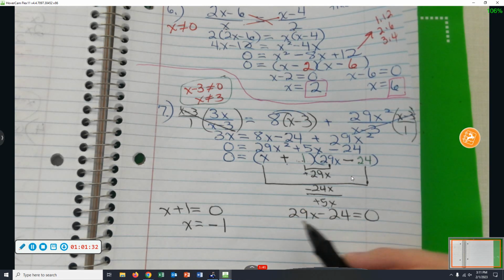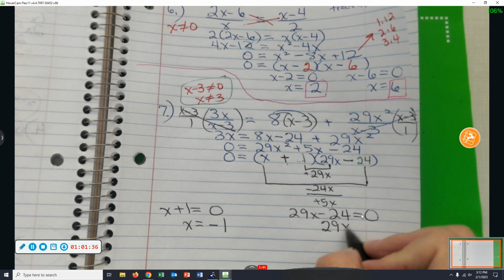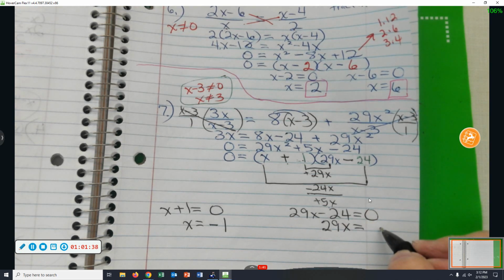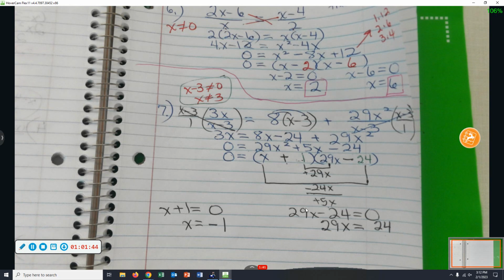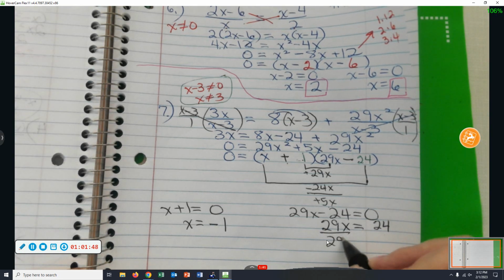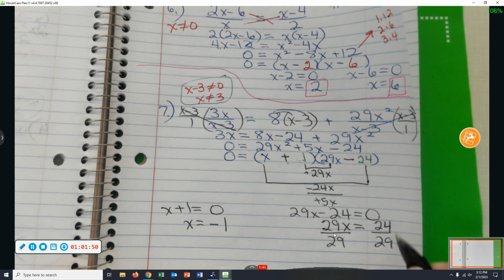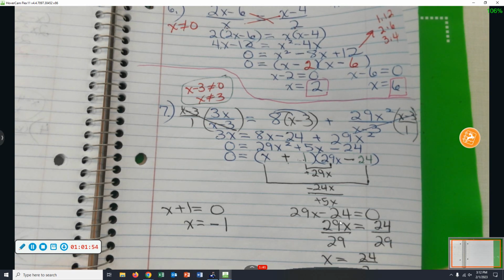Oh, this one here, we have a 29x equals, what are we going to have here? Positive 24. You added 24 to both sides, and then divide by 29 to give us x equals 24 over 29.